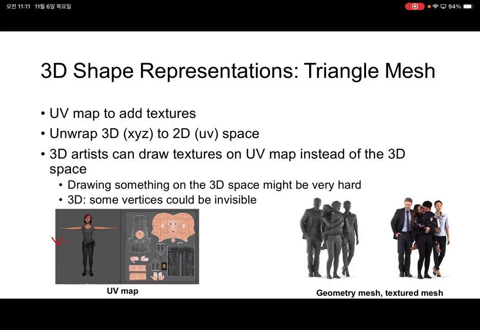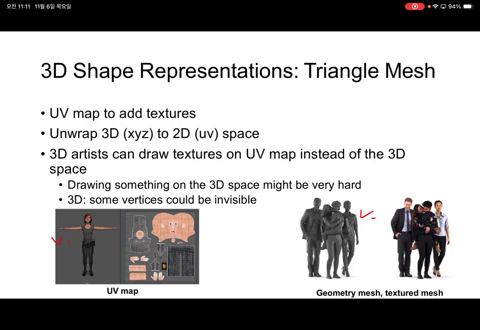And also in 3D space, like this example, this woman is holding a baby and her elbow might not be visible, so we can't draw something on her elbow, right? So depending on the 3D pose or 3D configuration, there can be invisible points, and drawing something on an invisible point is basically not very easy.